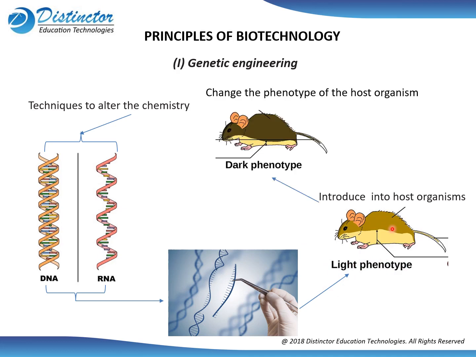Then after some time, it gives the dark phenotype of the organism, which means we have changed the phenotype of the host organism. Before altering the DNA, the host organism was light in color. When we alter and introduce the DNA, it changes the light phenotype into a dark phenotype. Likewise, we can change one particular character of an organism by the genetic engineering process.